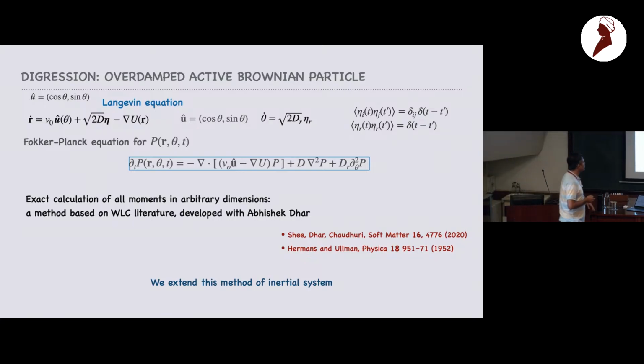This was a work we did along with Abhishek Dhar. The idea there was that we write down these equations, show this mapping, and then utilize the mathematics developed in the 1950s to understand the behavior of semi-flexible polymers. We can take that mathematics and use that framework directly to calculate things for active Brownian particles.